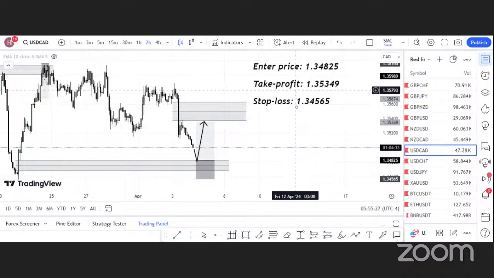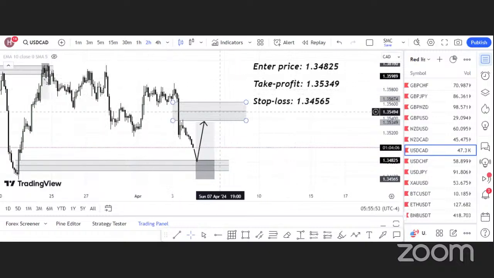So 1.35349. Right? And then click on buy. So you see it says pending order valid successfully. So you can click on check order to see your pending order. All right. So we have a pending order on USDCAD.